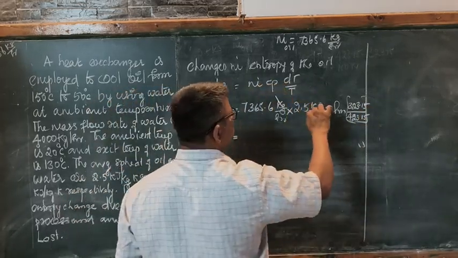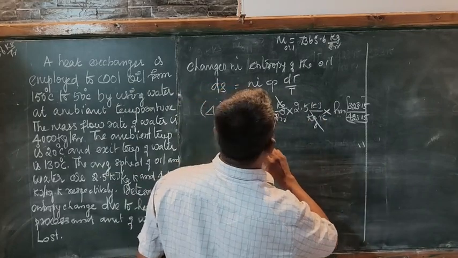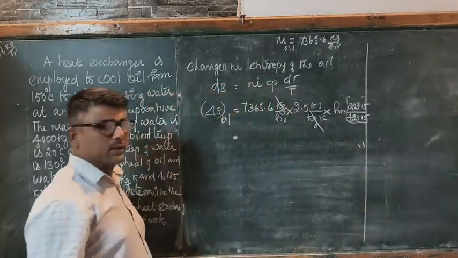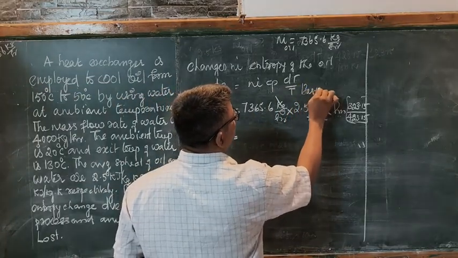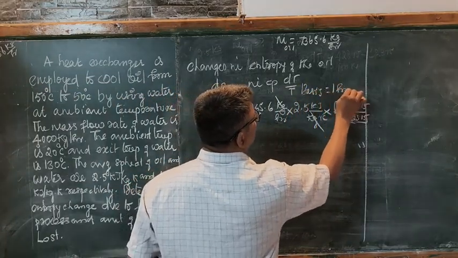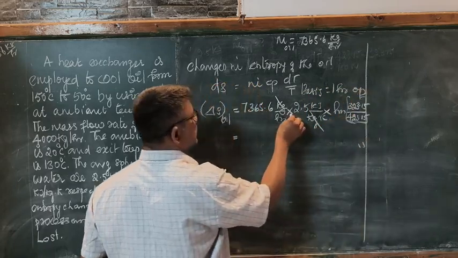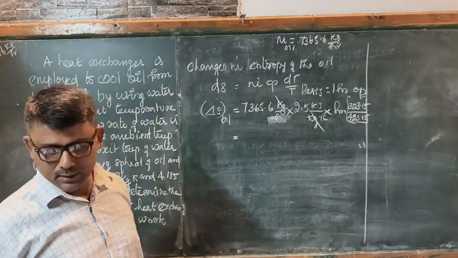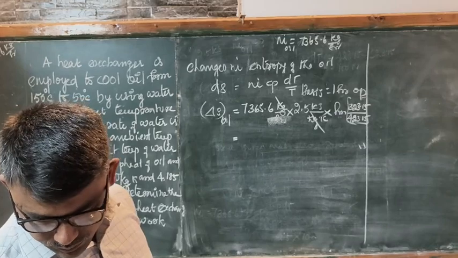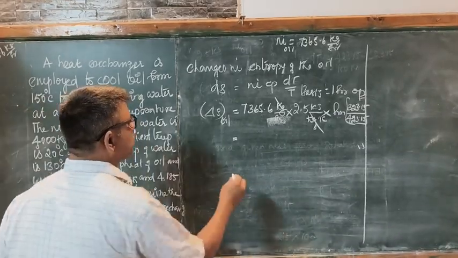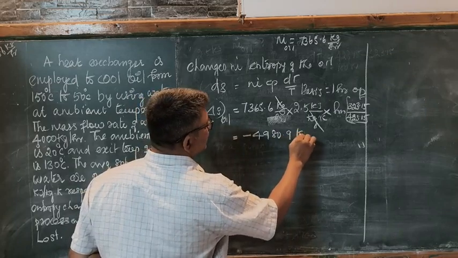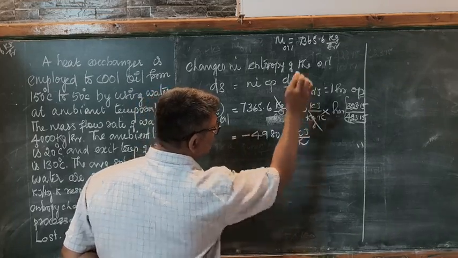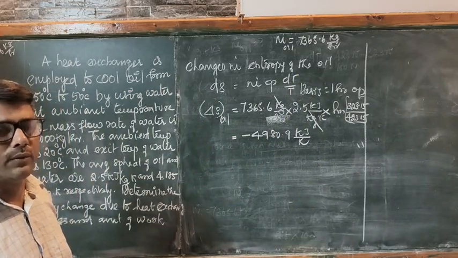So kg gets cancelled. You have to assume that the basis of the problem is 1 hour operation, hence this hour gets cancelled. The answer becomes minus 4980.9 kilojoules per degree Kelvin, the changes in entropy of the oil.